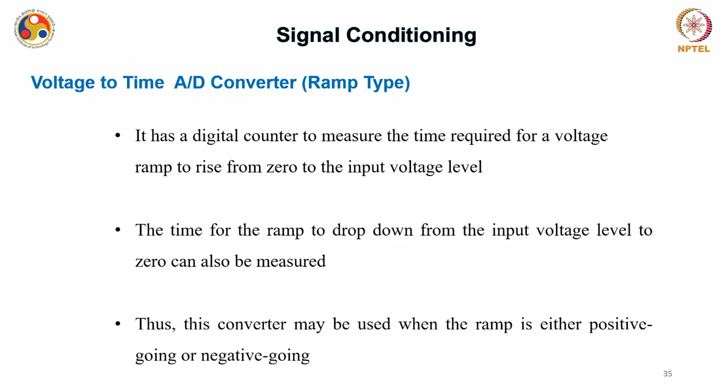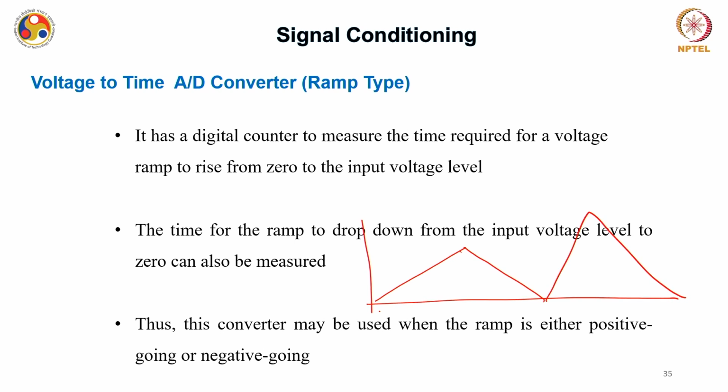What I mean to say is that, say I have a ramp signal. Say it has a positive slope, I may also have a negative slope. In that case, say maybe this is a signal for example. So what I am saying is that the digital counter is measuring the time required for a voltage ramp to rise from 0 to say this input voltage.